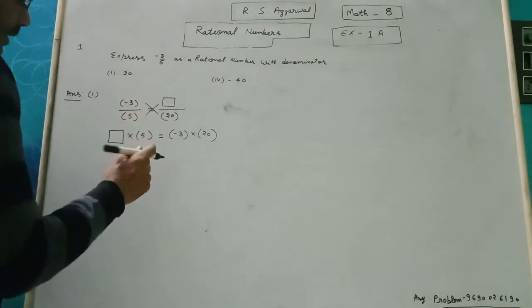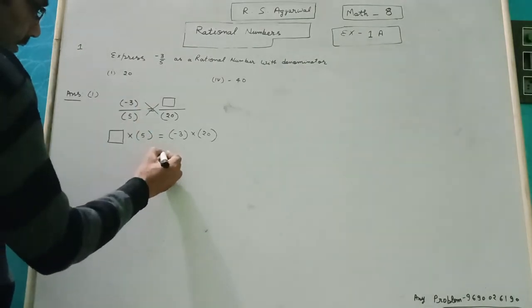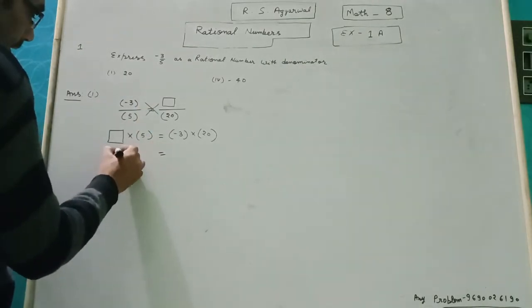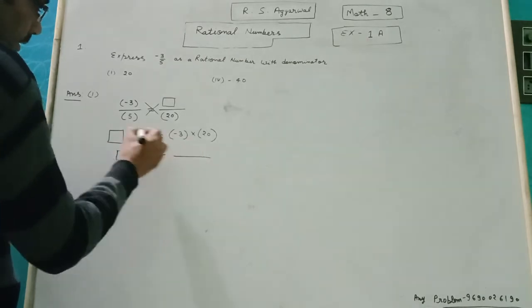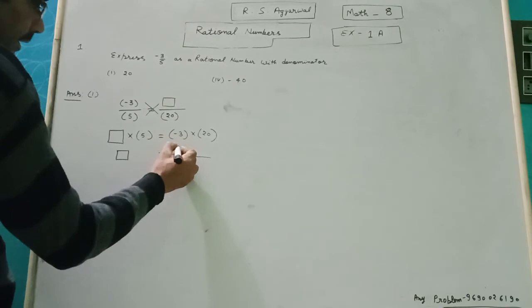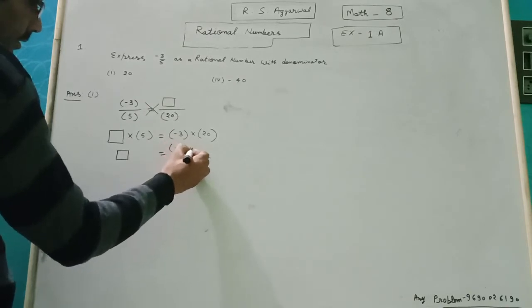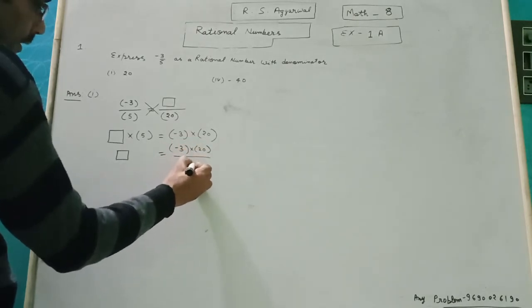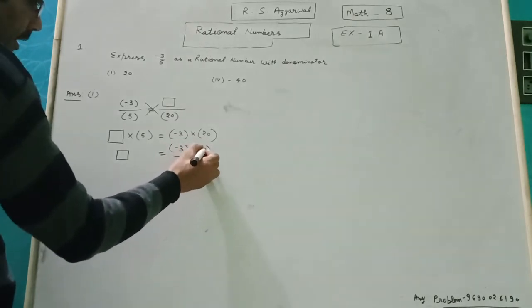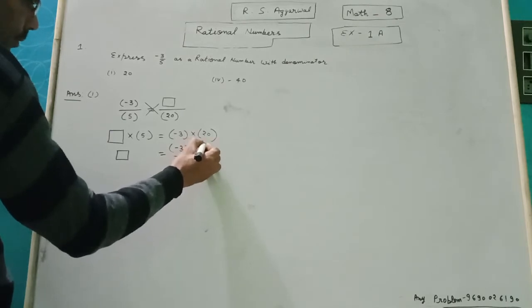Multiply is not be. Box is equal to, multiply divide by other side, 20/5. 20 divided by 5 is 4.